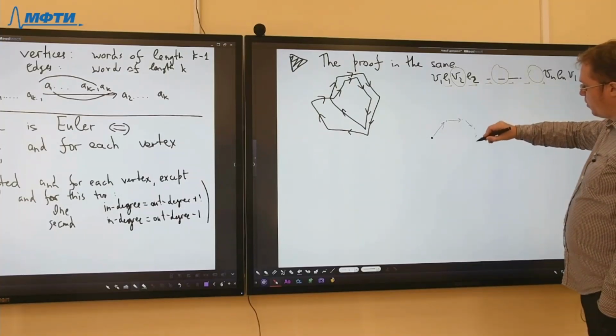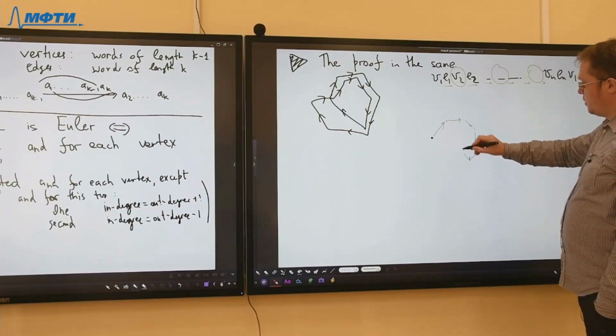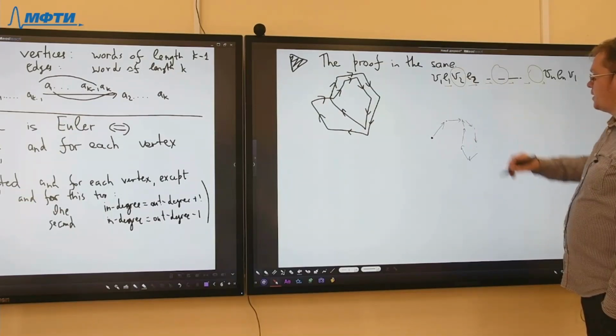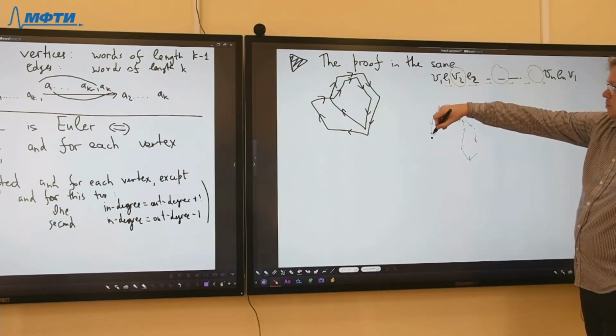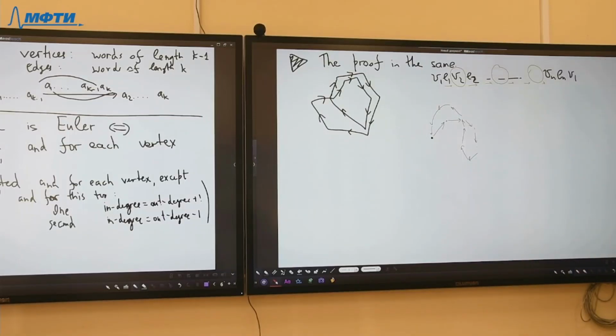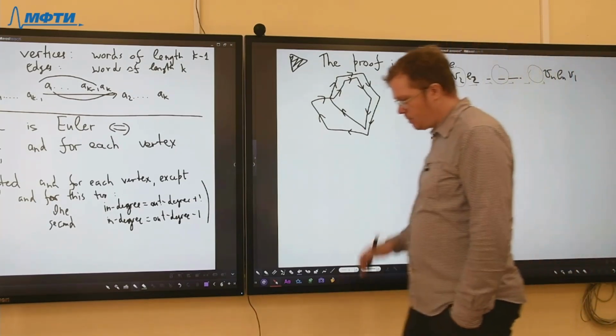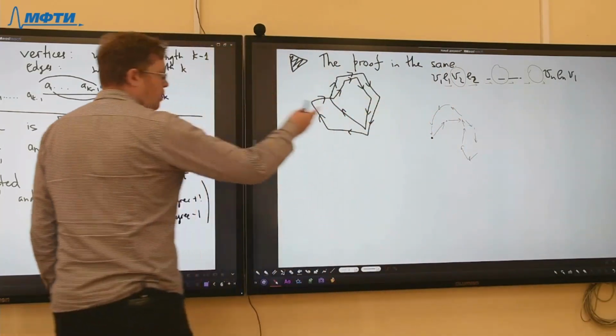So we can walk until we get a cycle, until we meet the first vertex again, and then take the maximal possible circuit in this graph, the circuit containing the maximal number of edges. If it contains all edges, then we're finished.